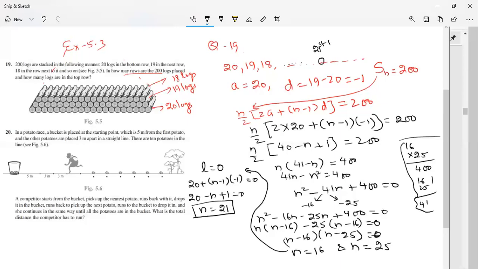Then after 0, the next term will be minus 1, the next term will be minus 2. So like this, the negative values will come. But is it possible to have a negative log? No. Practically it is not possible. So that's why we cannot take 25. n equal to 25 is discarded.